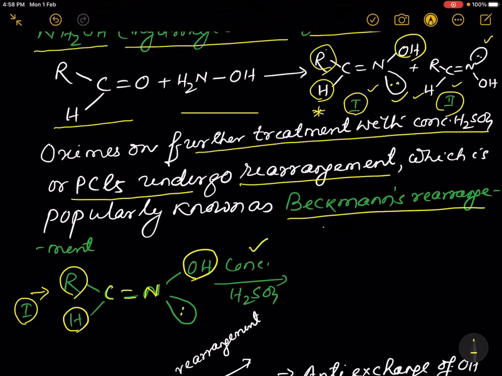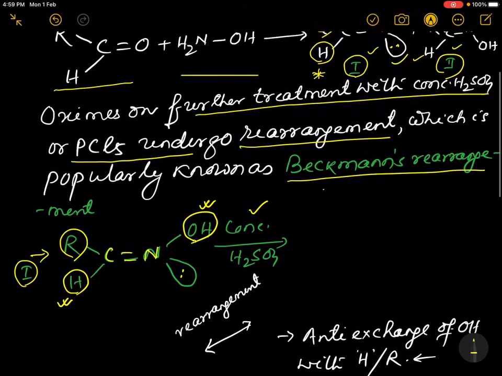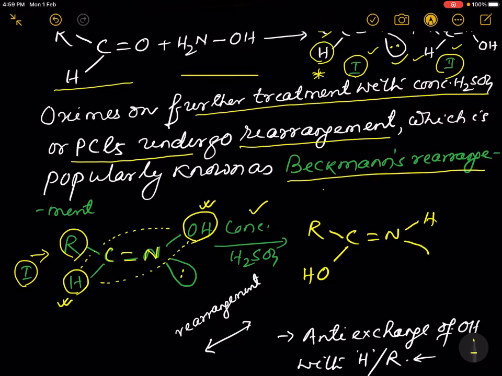When treated with concentrated H2SO4, this H will exchange its position with OH, that is, anti-exchange of OH with H or R group. This H will come to this side and this OH will come to this side. So we will be getting R, C, OH, double bond N, H, and the lone pair will remain as it is.